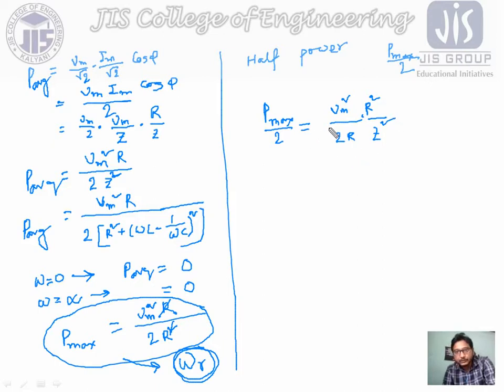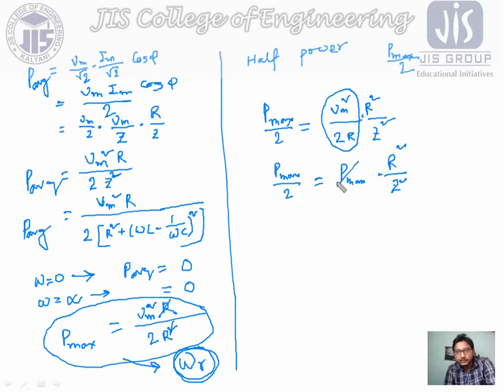So P max by 2 equals P max into R square by Z square.